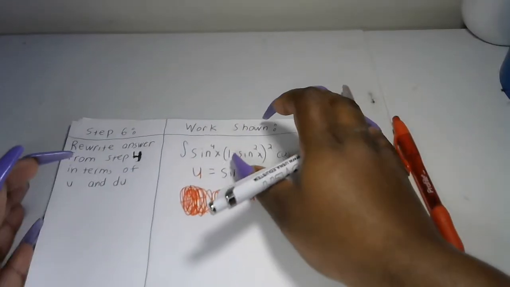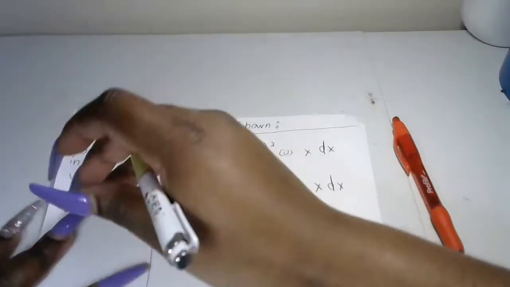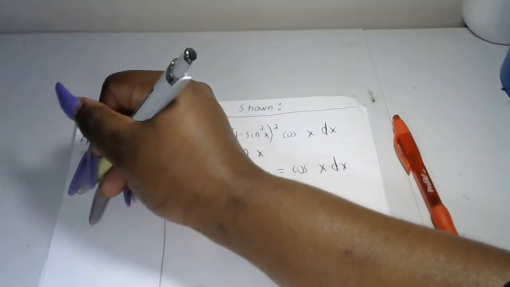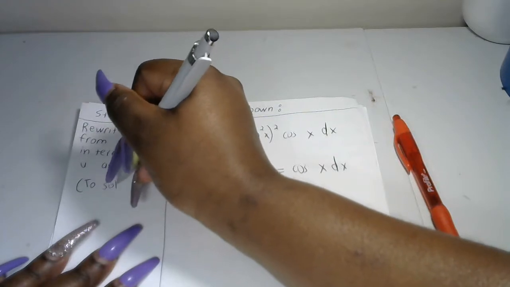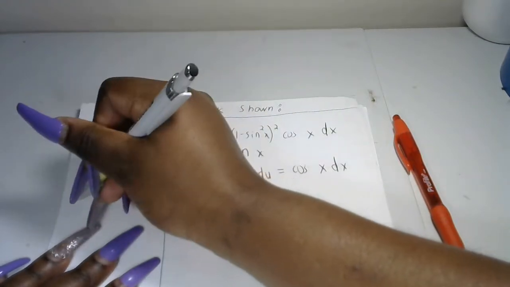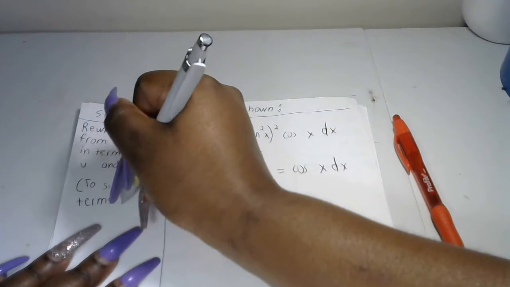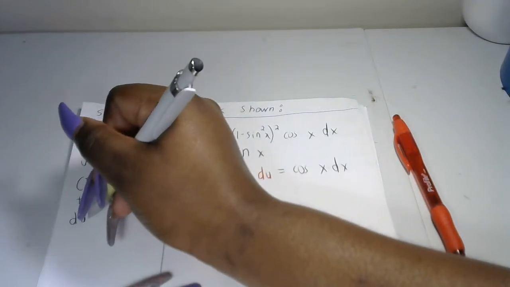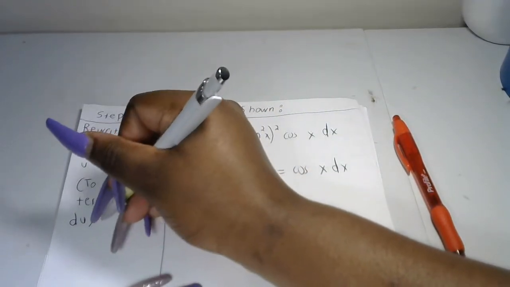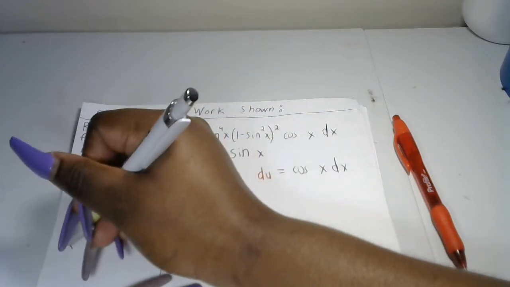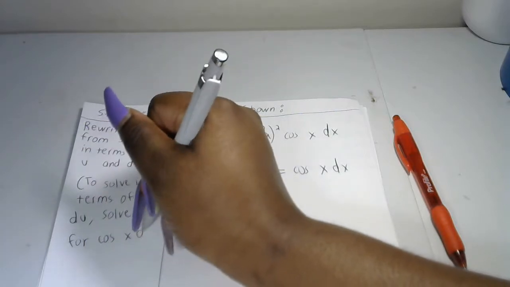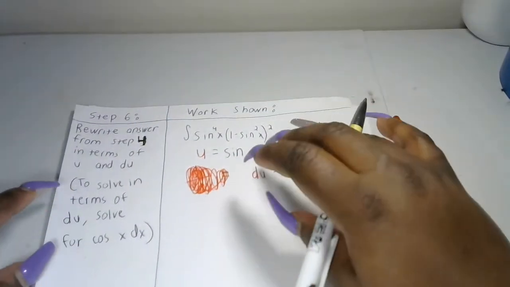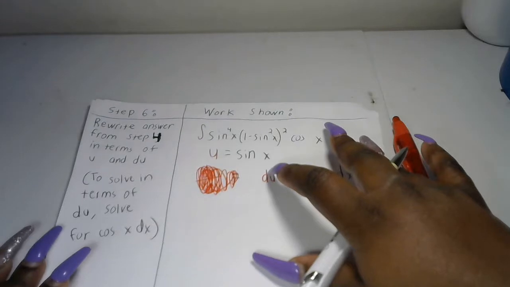Let me just put this little tidbit in step 6 real quick. To solve in terms of du, solve for cosine x dx.